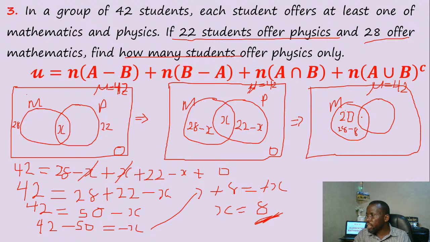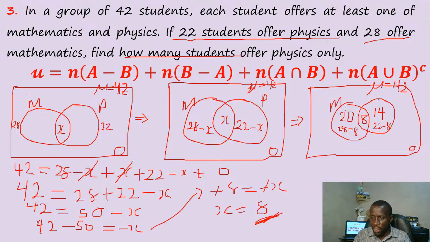The center is now not X; we write the value 8. The other one is 22 minus 8, which is 14. And our 0 is here.